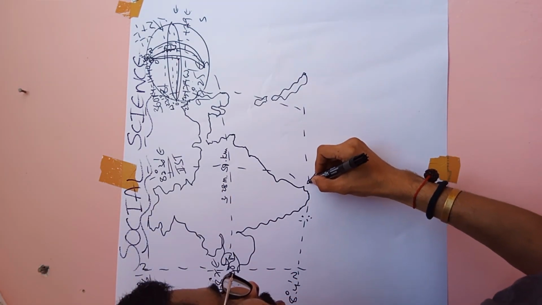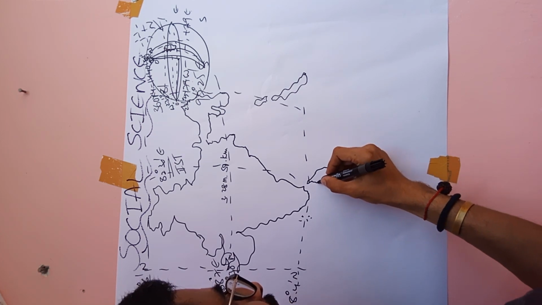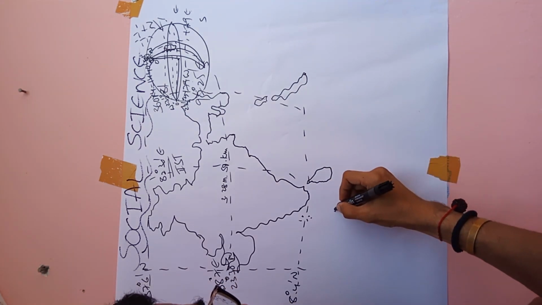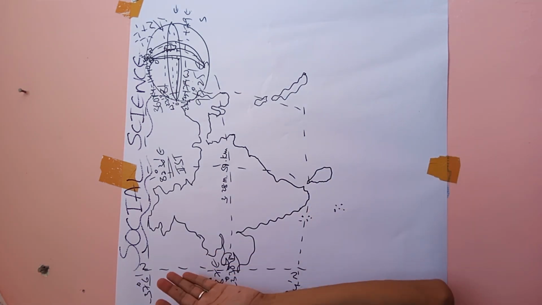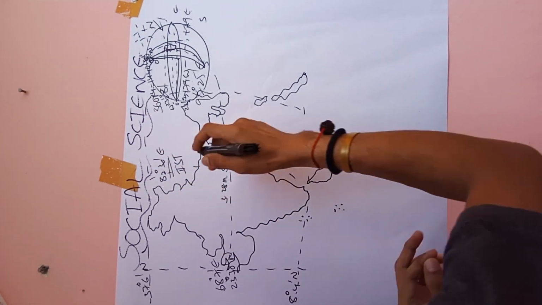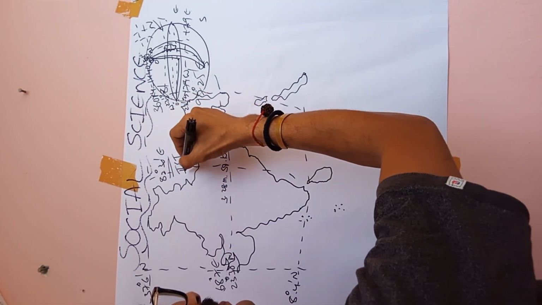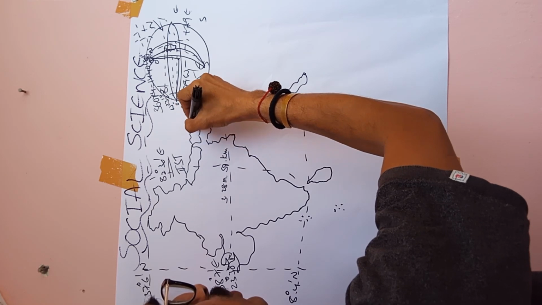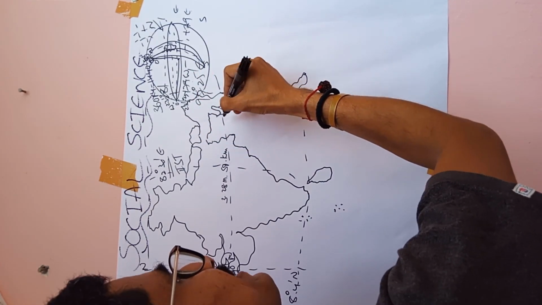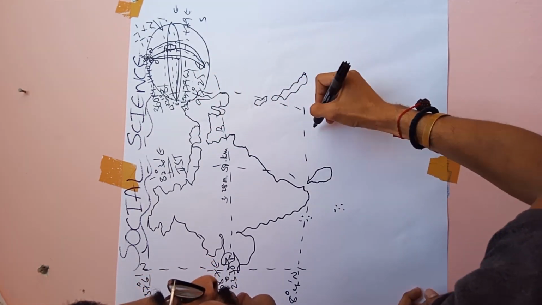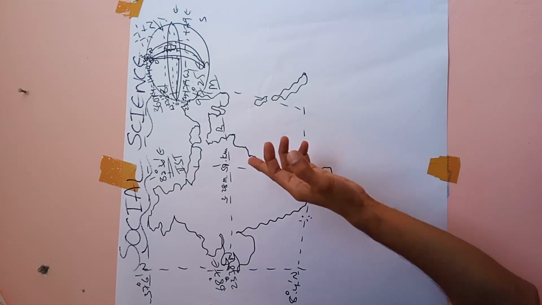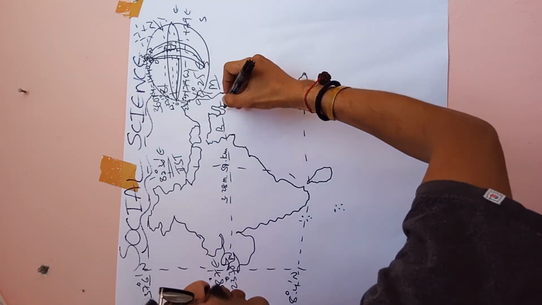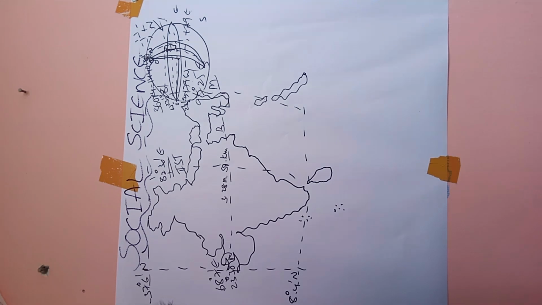Here, our southern neighboring country, Sri Lanka. Here, Maldives are there. This is Pakistan. Here, Nepal. This is Bhutan. Here, Bangladesh, Myanmar. We are sharing the lengthiest international boundary with Bangladesh.